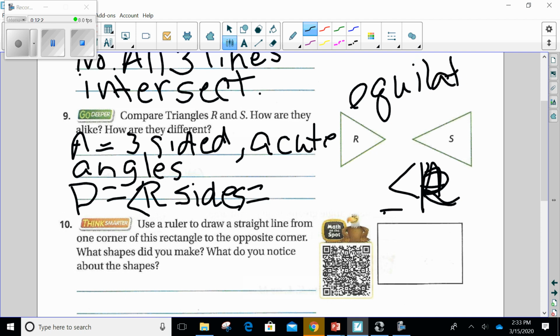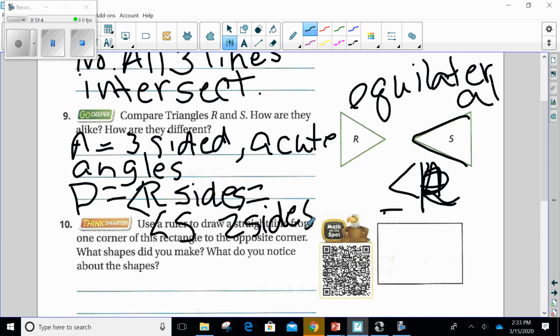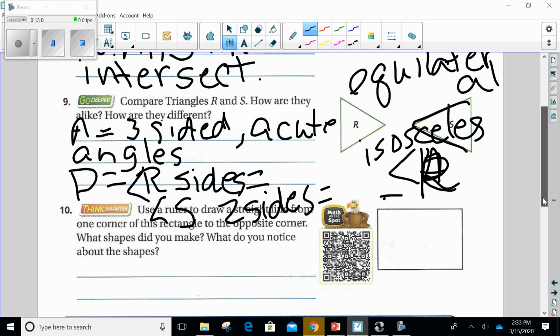Sorry, my fingers are too fat to put all of this on here. And then with S, there's only two sides that are equal. Two sides equal. What do we call that? We call that an isosceles. Okay, good job.